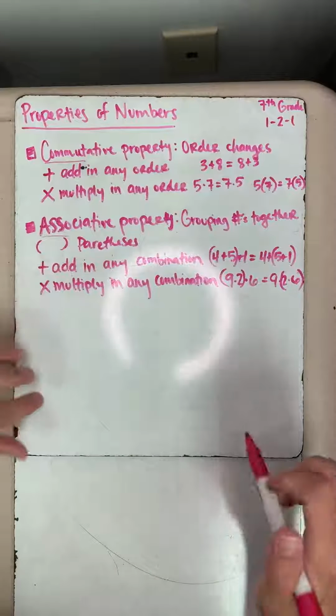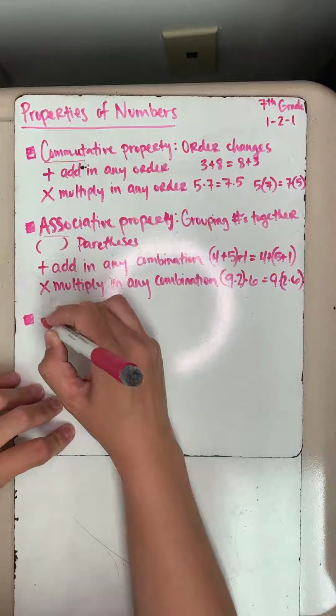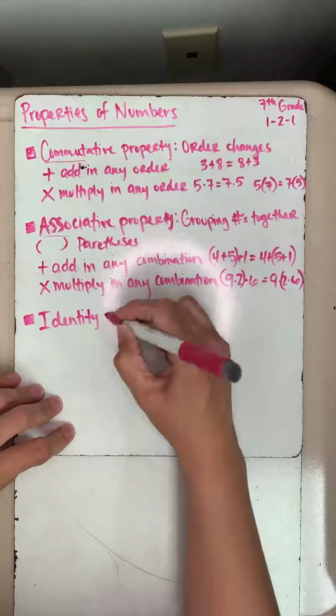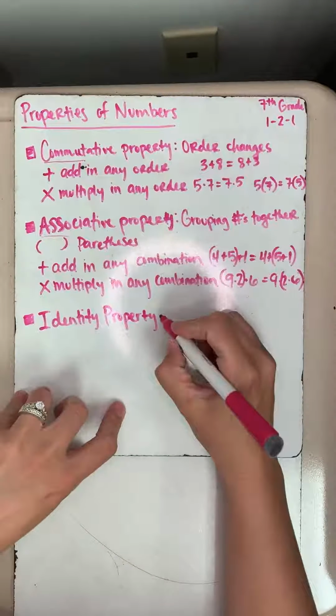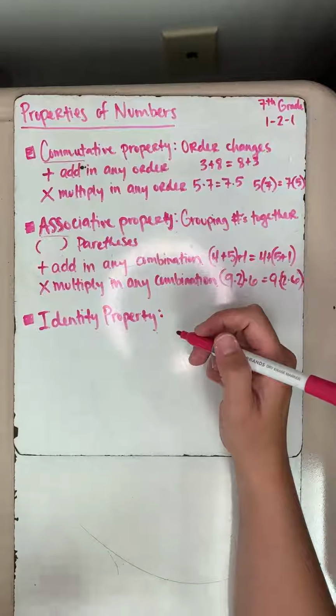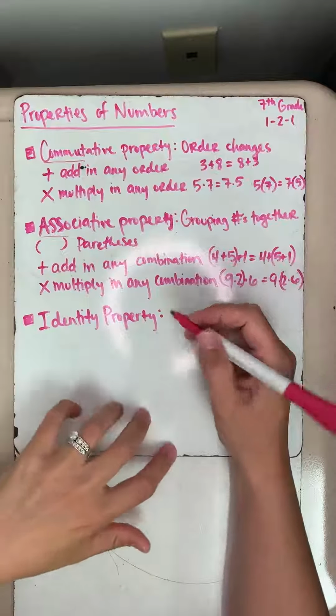So the third one we're going to talk about, the third property, is the identity property. Now, when we're talking about the identity property, you need to realize that the value of the number does not change.